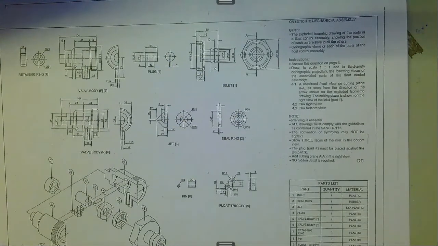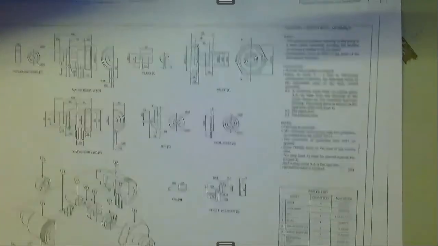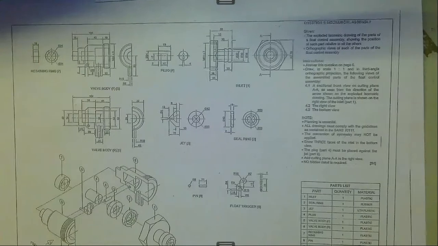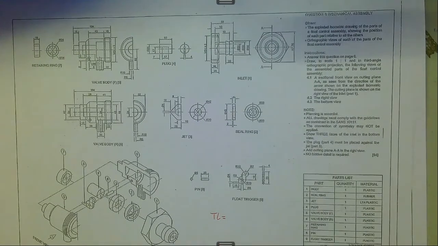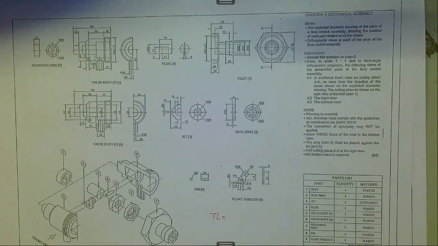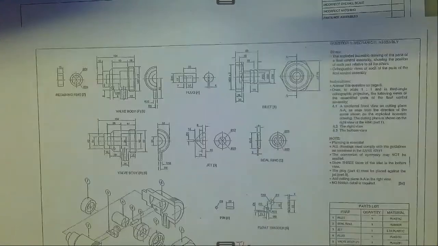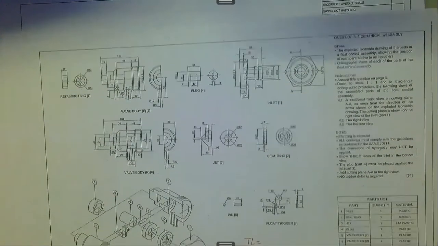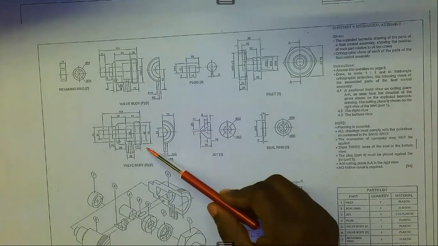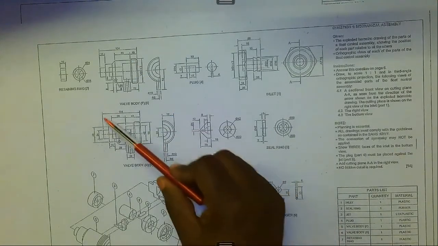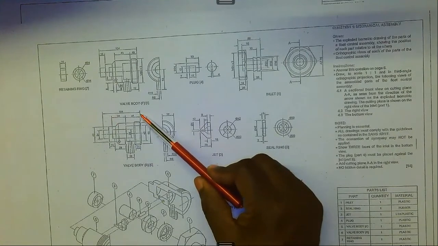Now, before we start drawing, as you have already noticed, planning is very essential. So at this point we want to find the total length of the drawing when everything has been put together. If we look at this, we have the inlet and the valve body. The valve body, from here to there, is 104.